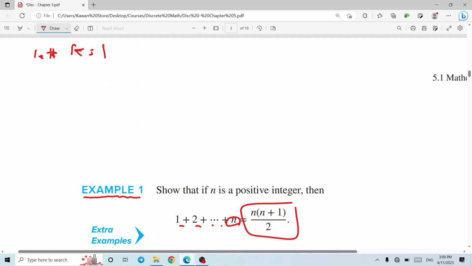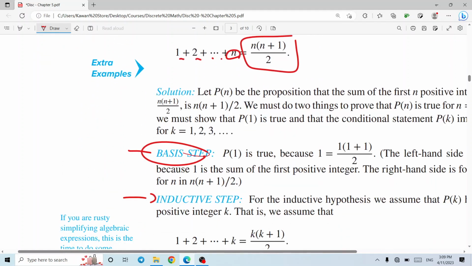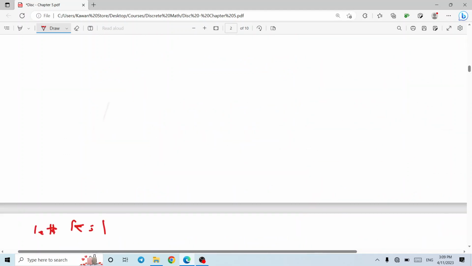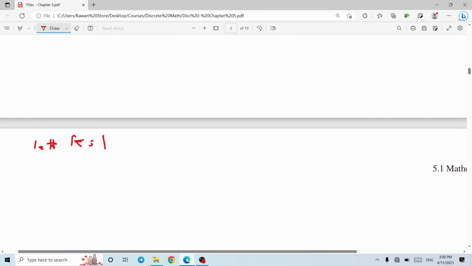It is called the basic step. So I say let k be 1. What do I get? The formula, instead of k, I have 1 plus 2 till n is equal to n plus 1 over 2.